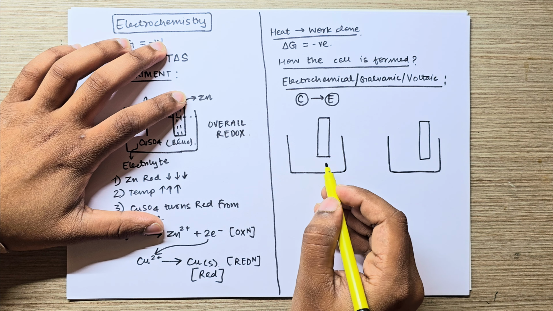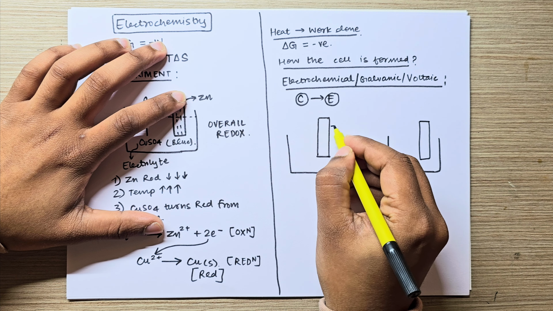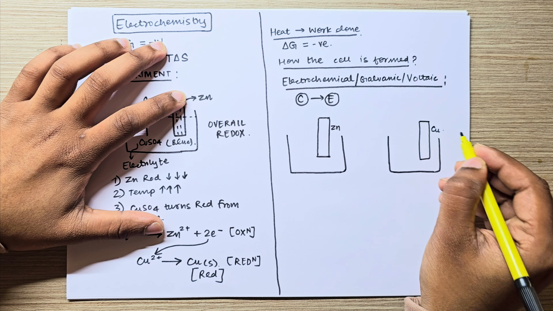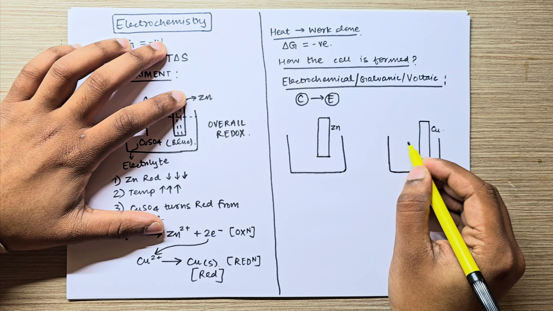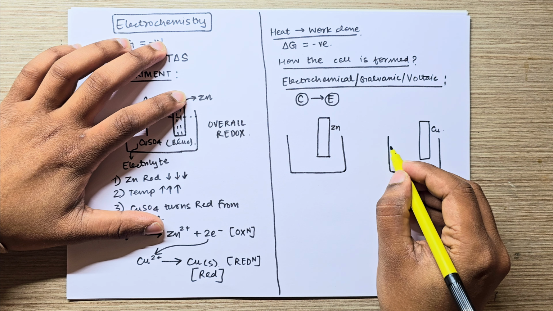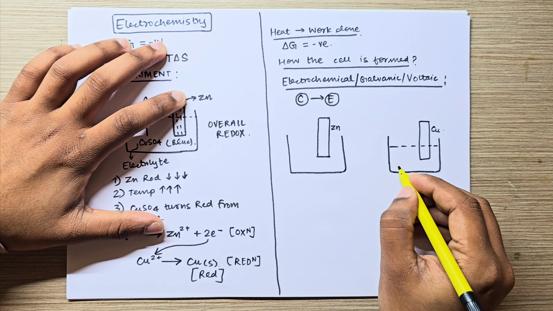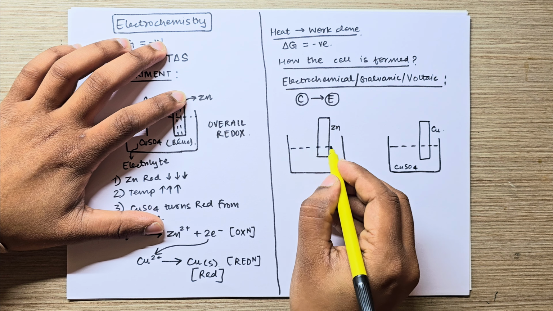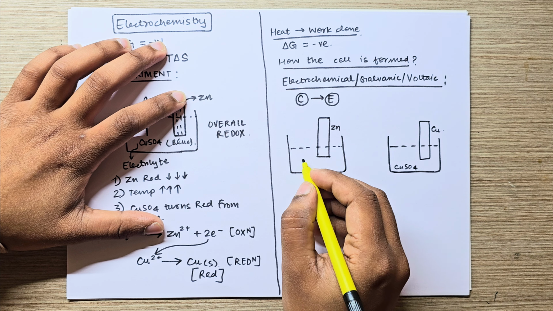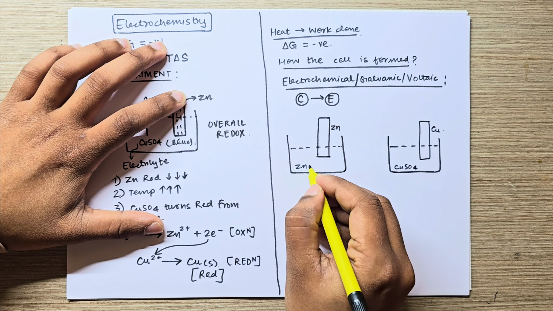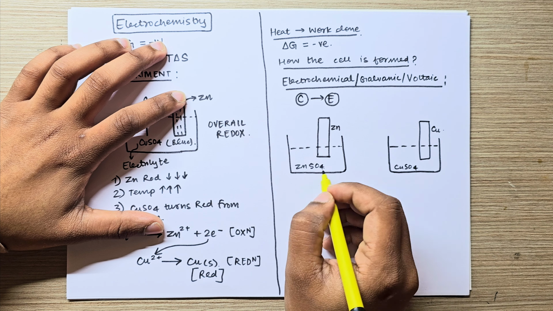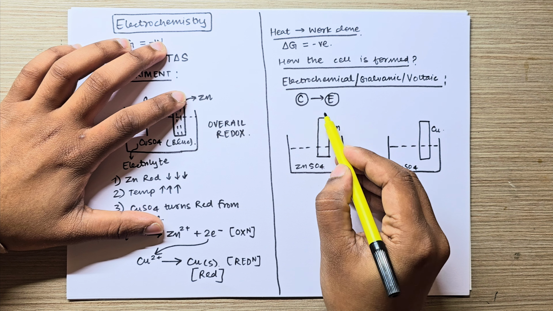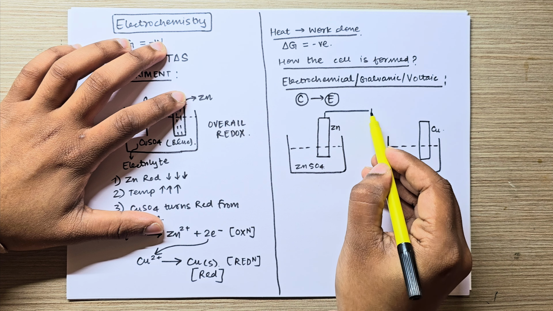On the left I have taken a zinc rod, and on the right I have taken a copper rod, with the same rod's electrolytes: CuSO4 for copper and ZnSO4 for zinc, and I have connected these two electrodes with an ammeter.